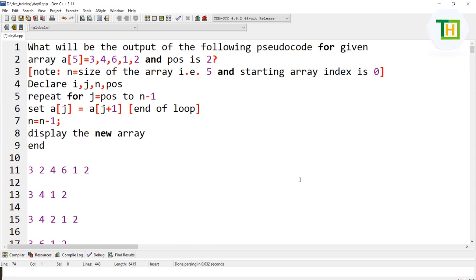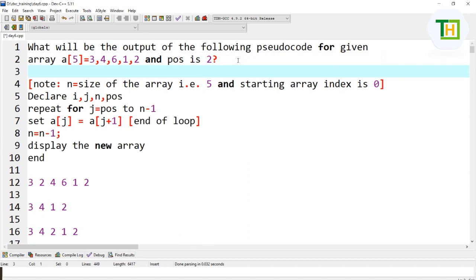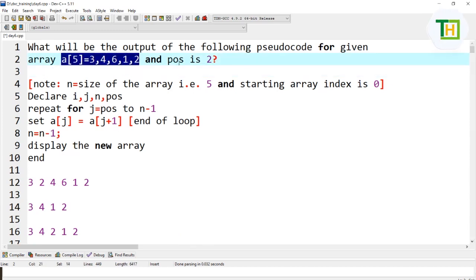Coming to the first question. What will be the output of the following pseudocode? The array is going to be like this. If the array is this one and the position is going to be 2, the POS is 2, the size is going to be like this.